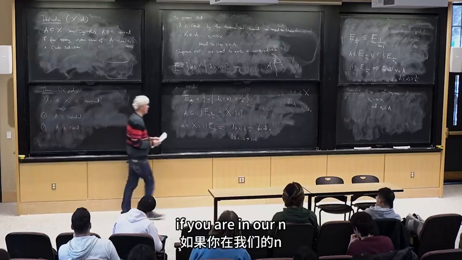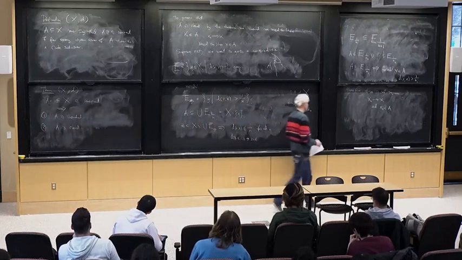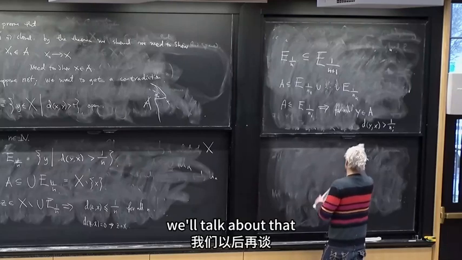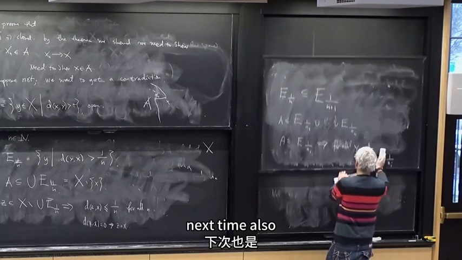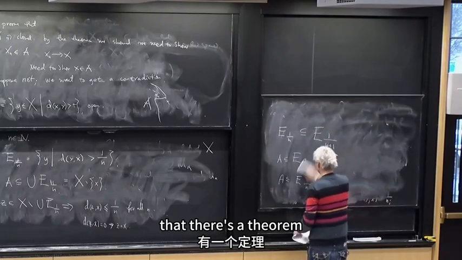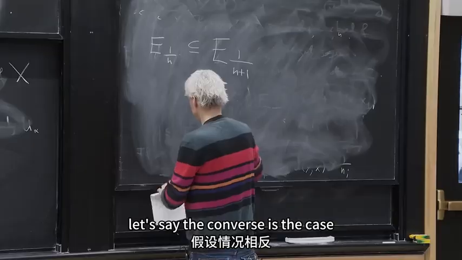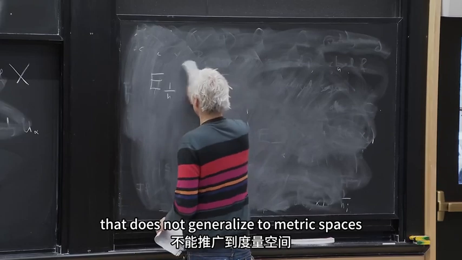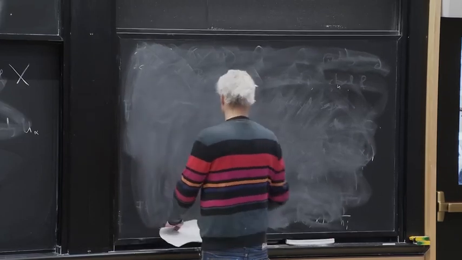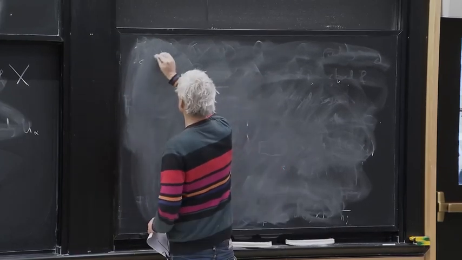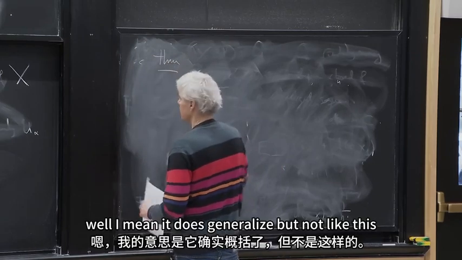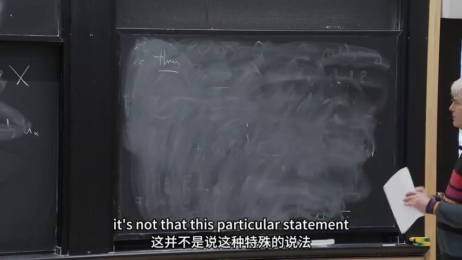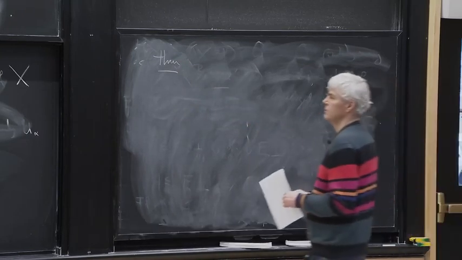If you are in Rn, so you have a theorem, and we'll talk about that next time also, that says the converse is the case. But that does not generalize to metric spaces. Well, I mean, it does generalize, but not like this. This particular statement does not hold.